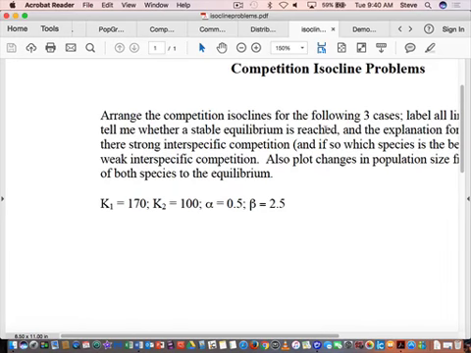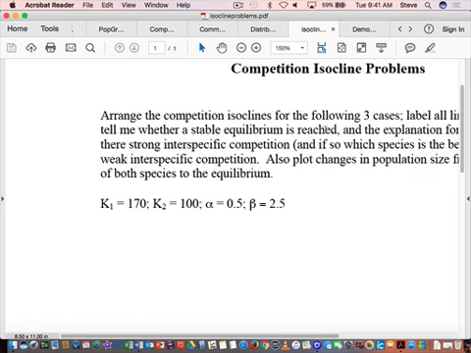That should tell you the most likely outcome. It's a little more complicated because K1 and K2 aren't exactly the same, so I'm not saying that's all you can do. But what do you think's going on in this situation?